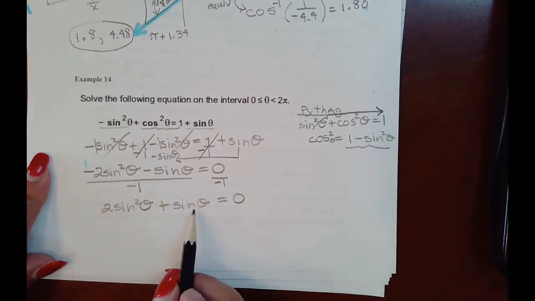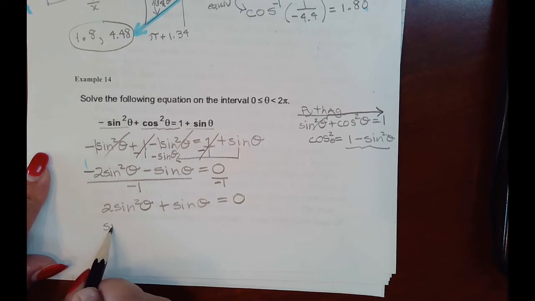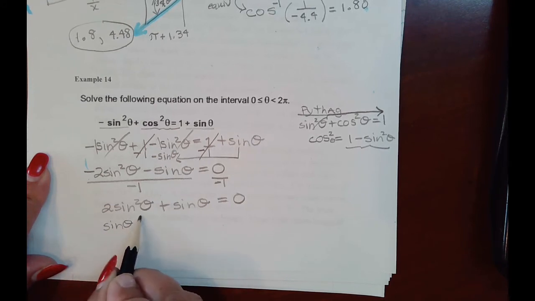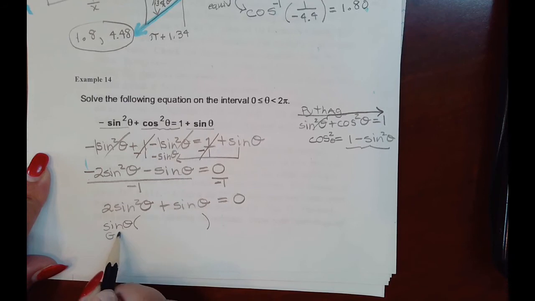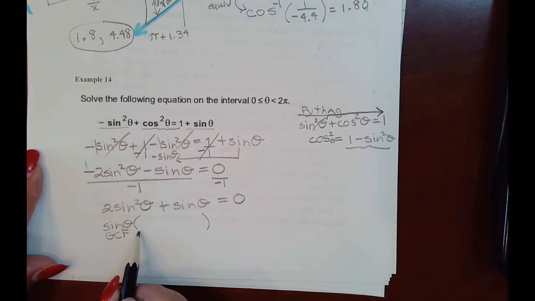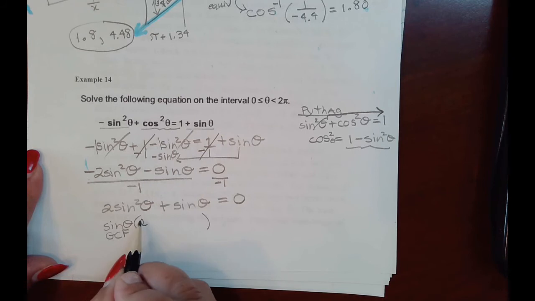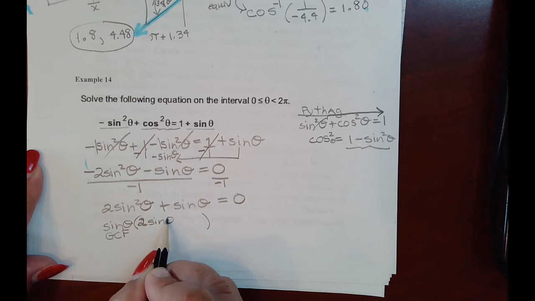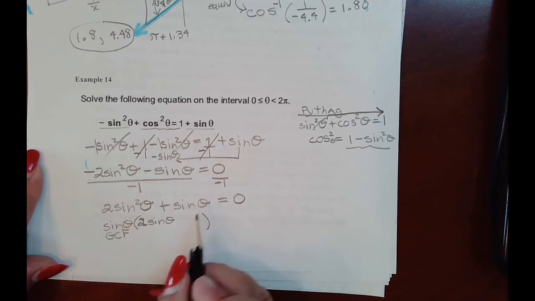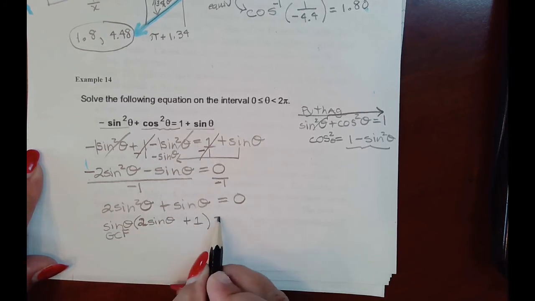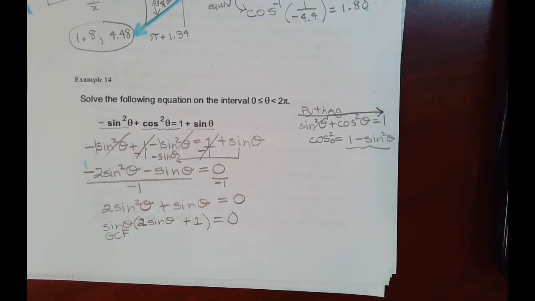Okay, what's common to both of these is sine theta, so I'm going to take sine of theta out, with parentheses anytime you're taking out the greatest common factor. That factor that you've taken out becomes a multiplier that helps you get back each of these terms. So ask yourself, sine of theta times what would give you this back? 2 sine theta. And then sine of theta times what would give you that back? That would be +1.